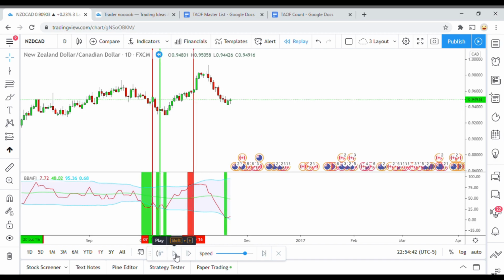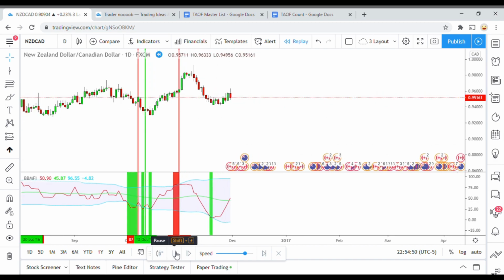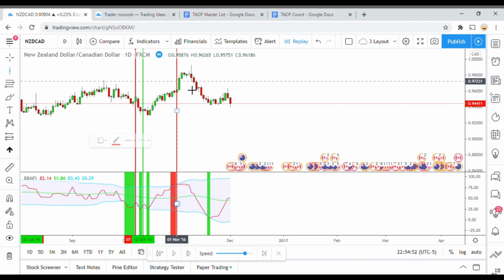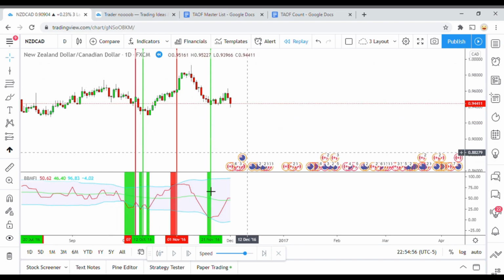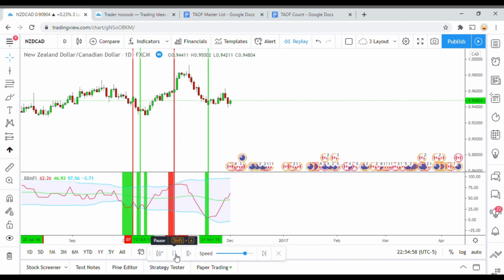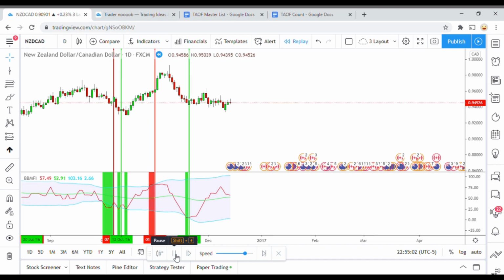Now we're plunging downward. It's pulling up for a buy signal right there off that one. Let's play it forward and see what it does. Looks like it actually works out for us. Barely, but it does. All right, moving along now.